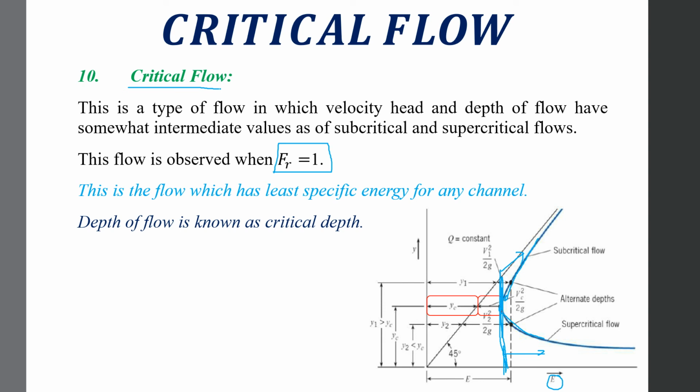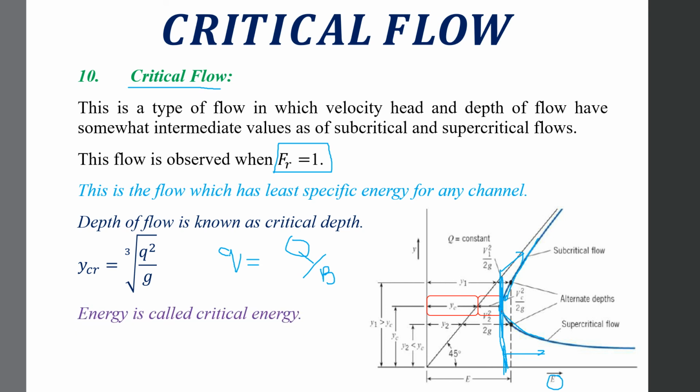Depth of flow is known as critical depth. The formula for critical depth is the cube root of q square over g. G is gravitational acceleration. This small q is equal to discharge per unit width of channel. Unit width means the bottom width of the channel, so you can get this discharge intensity.